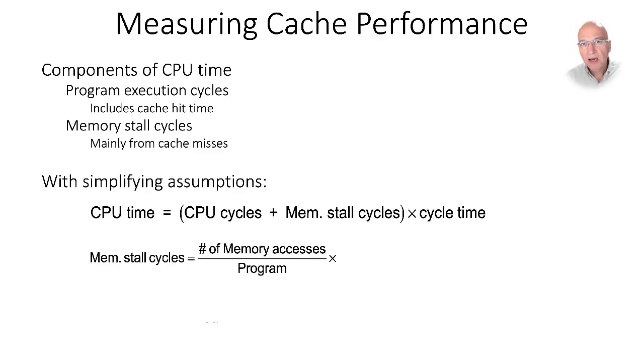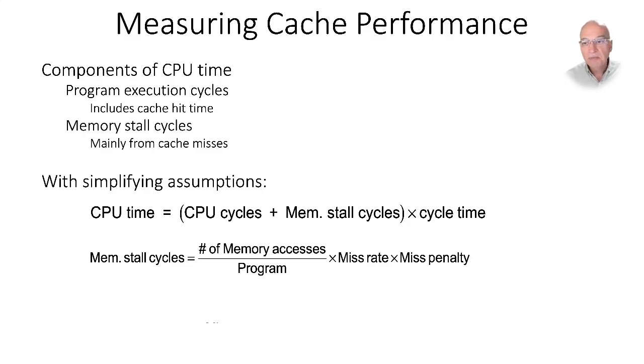Well, the number of times that we stall will be the number of memory accesses that you have in the program times the miss rate, because that is the number of times that you try to do an access and you don't find it in the cache, times the miss penalty, which is the amount of time that you have to wait every time that you have a miss.